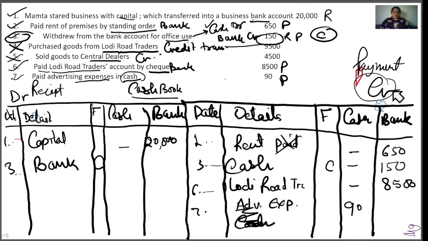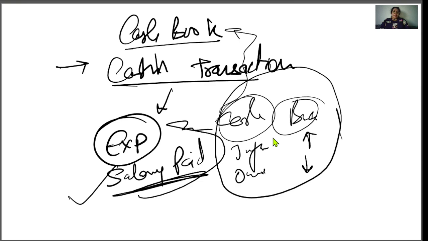It states that bank is credited, right? Bank is credited because money withdrawn from bank. And cash 150, cash will be debit here, because cash comes in. So this is how you need to make an entry.